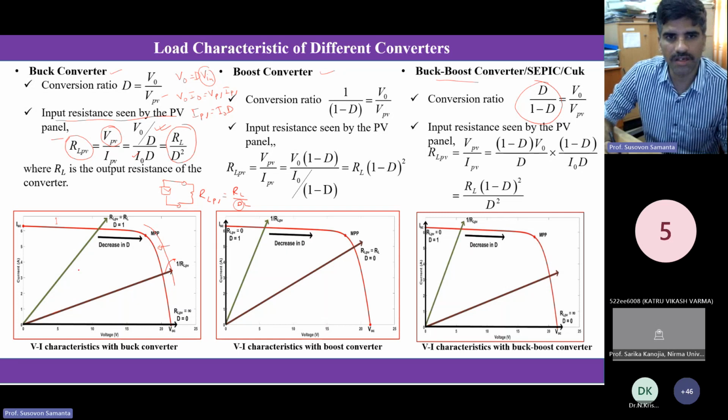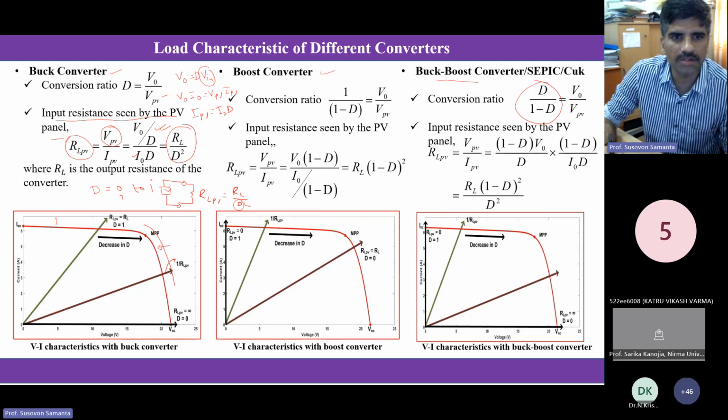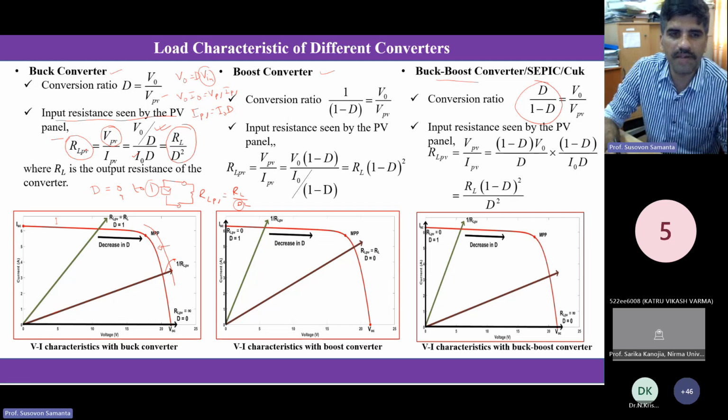Now for the buck converter, how much can I vary? For any converter, I can go from D equal to 0 to 1 only, so the minimum is 0 and the maximum is 1. If D is equal to 0, what is the resistance seen by the PV panel?